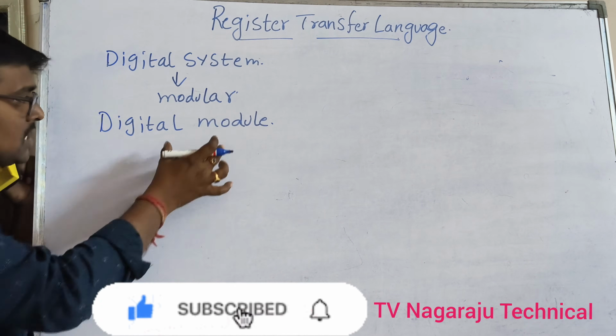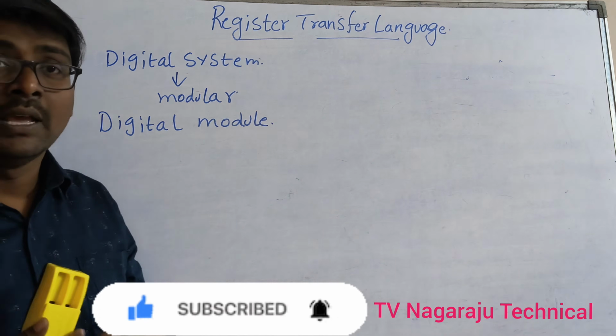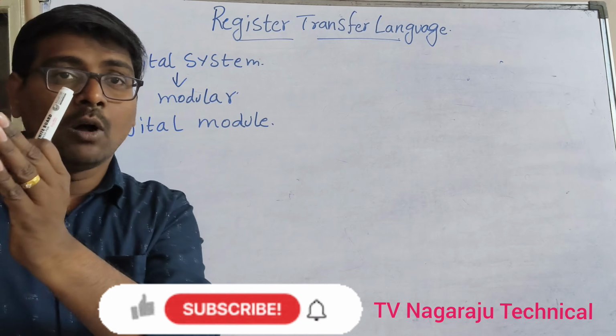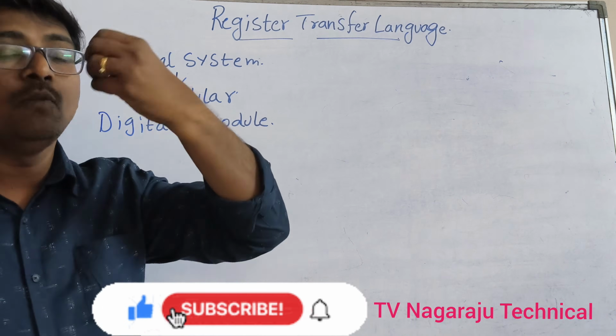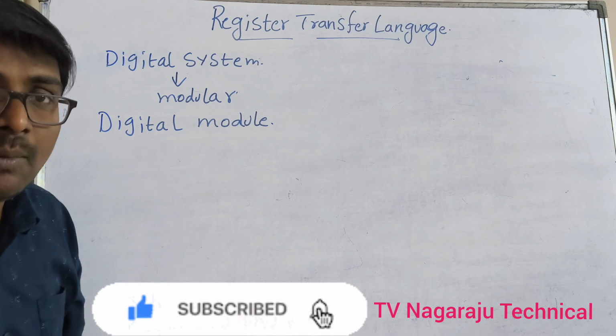Now the thing is, how can we specify a name to the digital module? That means I have one hardware module, ALU, or one module decoder, or one module multiplexer. How can we define a digital module?